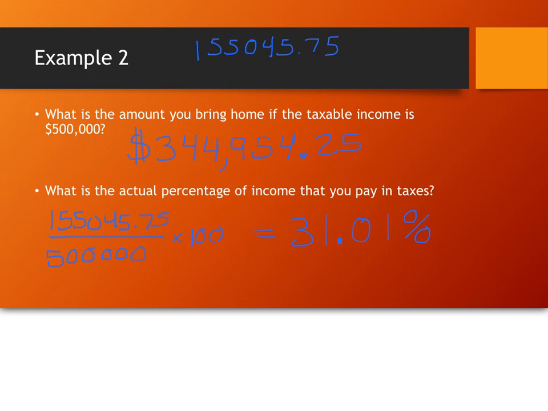So you see, as we made more money, we did pay a higher percentage on our taxes. And this is in general the case. So as you gain more money, you're going to pay a higher percentage on your taxes. But again, the higher percentage only applies to the excess money.